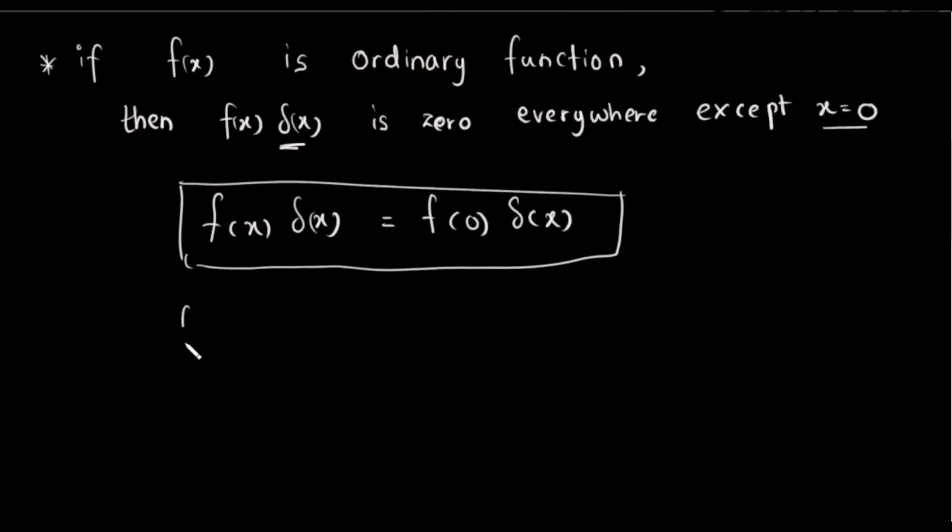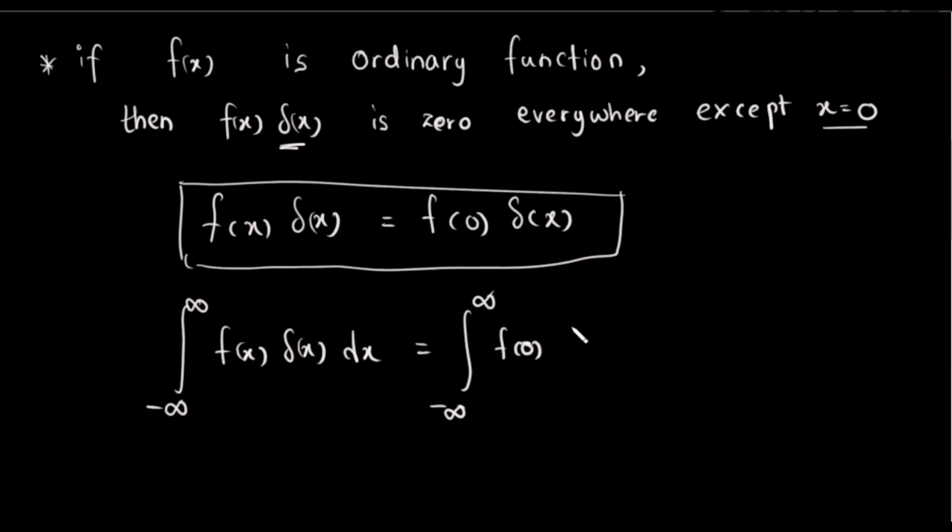For example, if you integrate from minus infinity to plus infinity f(x) delta x dx, this is equal to the integral from minus infinity to plus infinity of f(0) delta x dx. This f(0) is a constant, so you can take it out, and you have the integral from minus infinity to plus infinity of delta x dx.